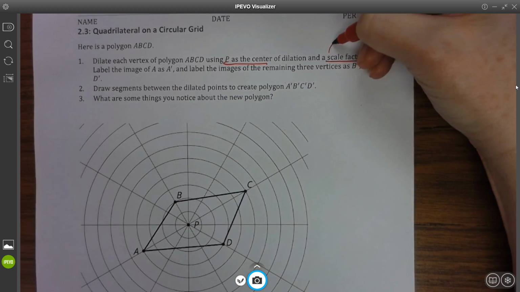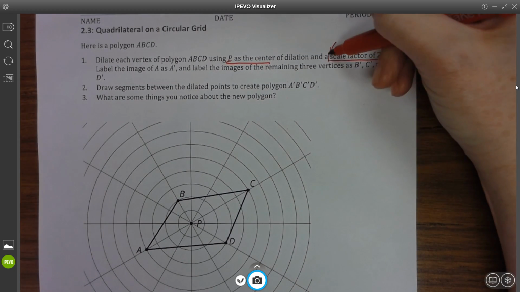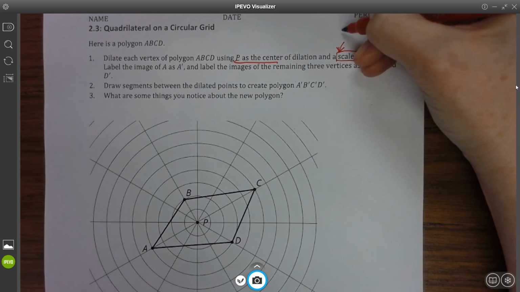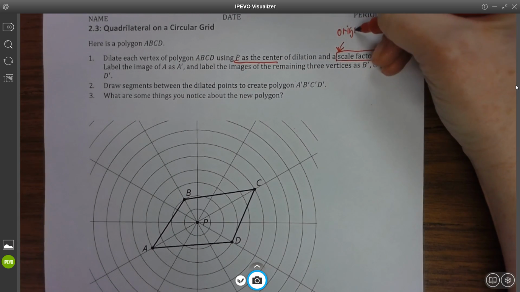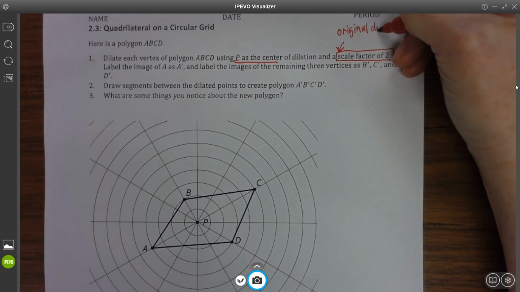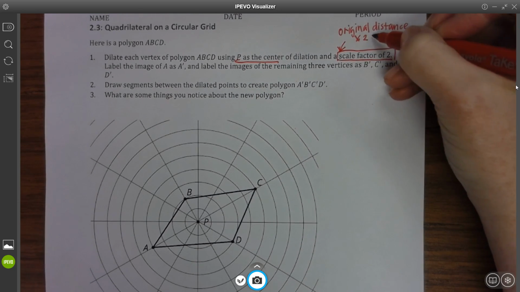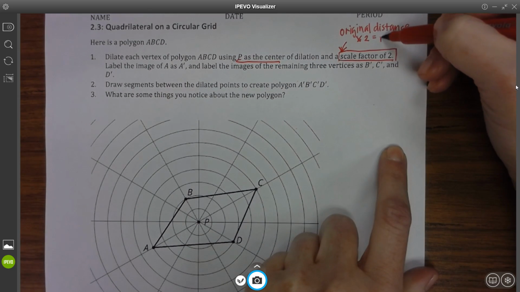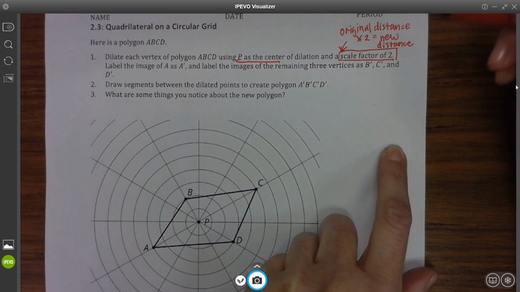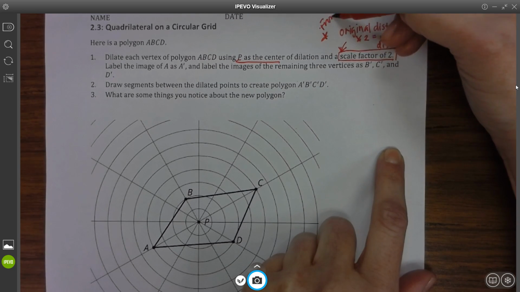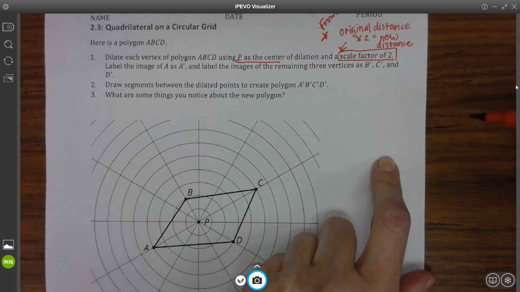So we're going to make a little note here on scale factor that says original distance times 2 equals new distance. And this is all from P, or the center.